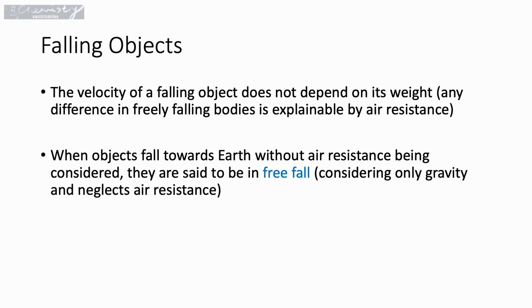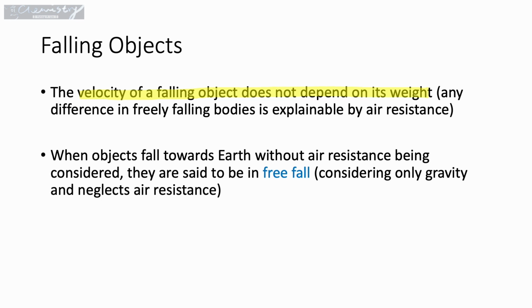So let's talk about another case when we have falling objects. The velocity of the falling object does not depend on its weight. So any differences between the freely falling bodies is explained by the differences in air resistance.